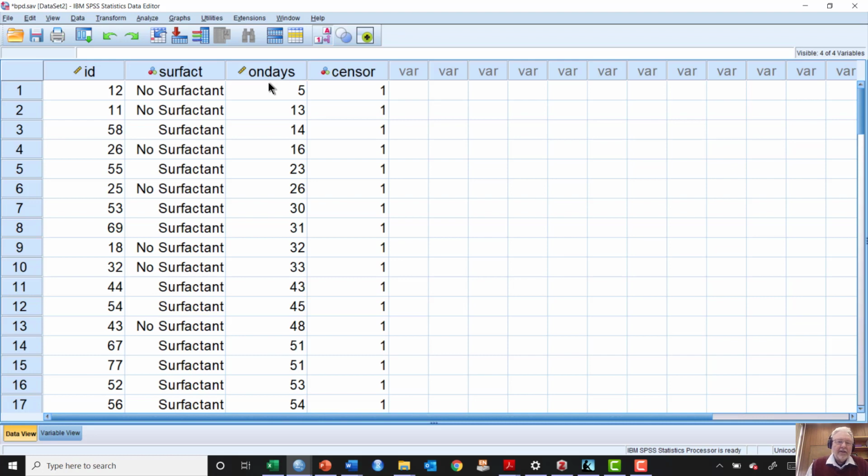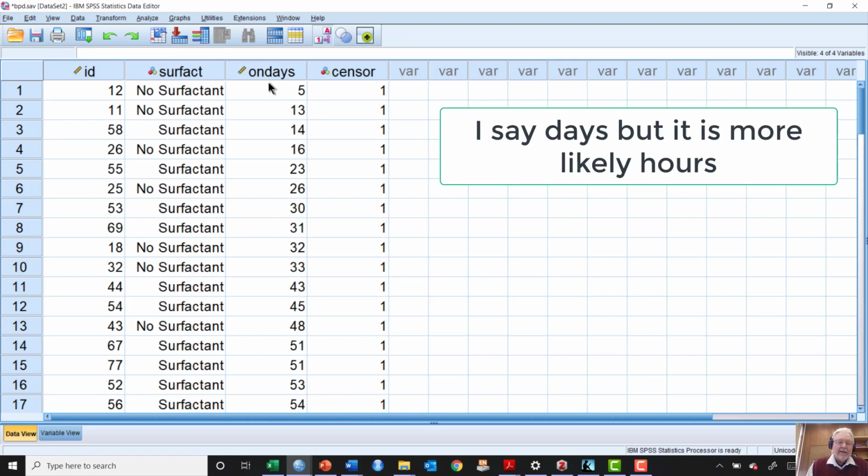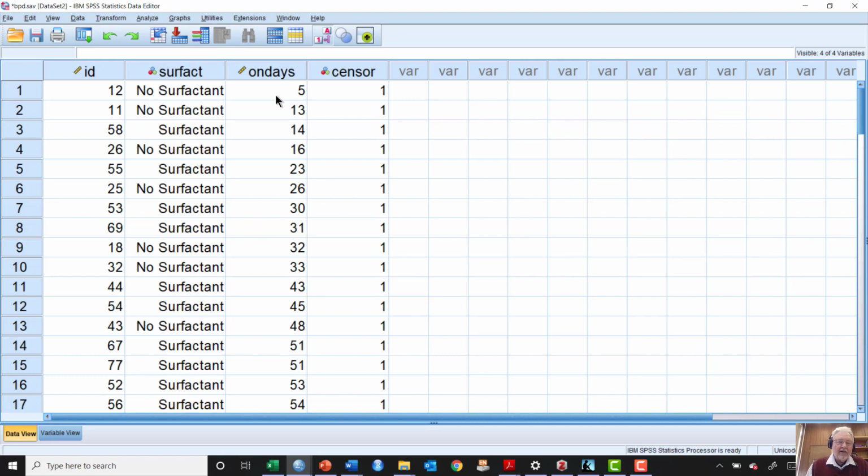So the question is, do neonates that are receiving surfactant stay on oxygen more or less time than those who are not? It's better to get off oxygen as soon as you can.